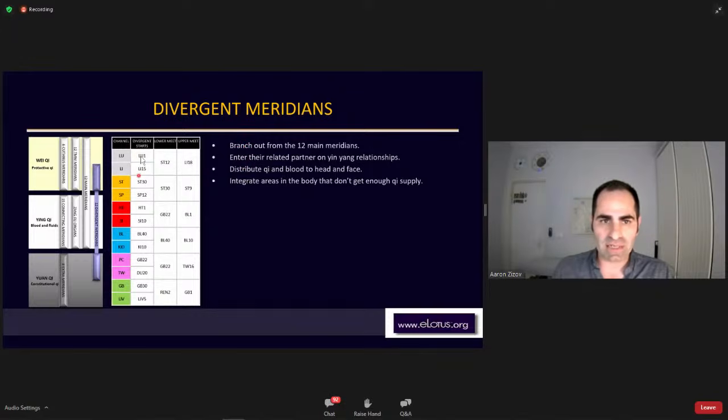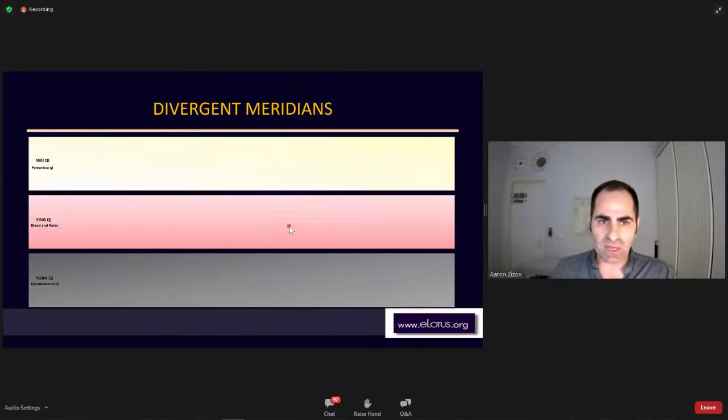They start in different areas for each meridian. They have lower meeting points and upper meeting points. They enter the related partner in the yin-yang relationship. They distribute chi and blood to the head and face, and they integrate areas in the body that don't get enough chi supply.